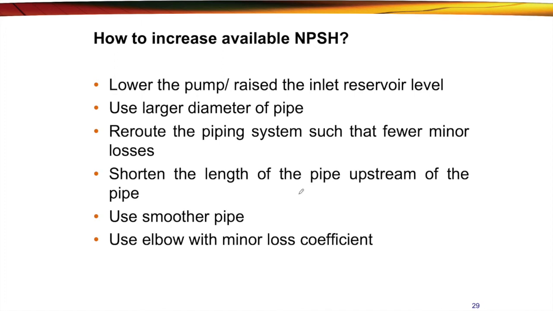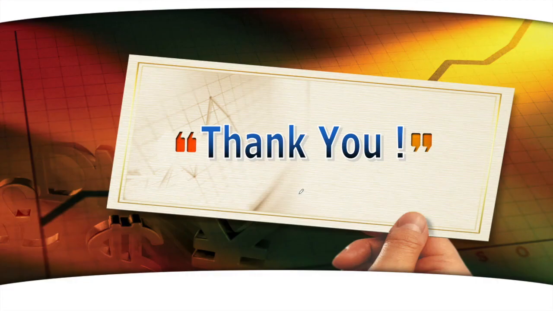And then use smoother pipe. When you use smoother pipe, the friction factor will be reduced. And the last one, use elbows with a lower minor loss coefficient. When you reduce the fittings in your piping system, you will reduce a little bit of your delta P. And that's all for that.